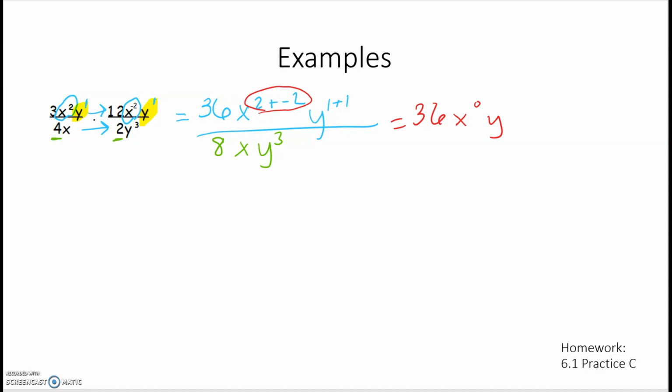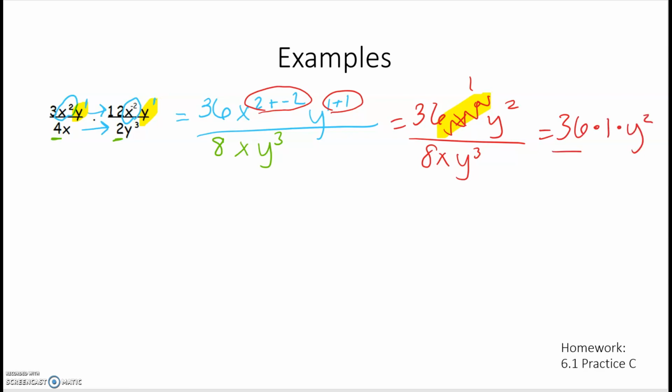So I have an x to the 0 up there, and then y, I'm simplifying, 1 plus 1 gets me 2. Okay. What did we say anything to the 0 power was? So that becomes a 1. Okay, so I have 36 times 1 times y squared over 8x y cubed.